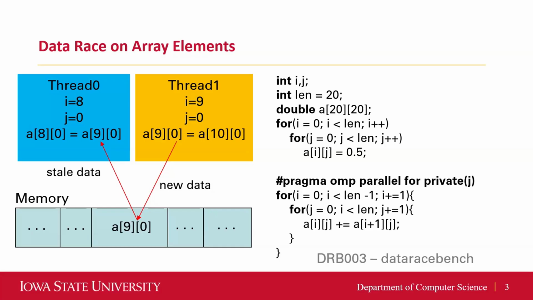This might not be a good motivating example because we can see that there's a loop-carried dependence, but assuming we just want to check whether there's a data race in this code, we might want to trace out how the OpenMP parallel for will execute. For example, if we assume we have two threads, and thread 0 works on i at 8 and thread 1 works on i at 9 concurrently, then we can see that there's a data race at a[9].